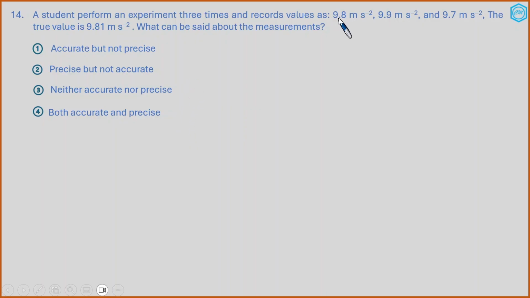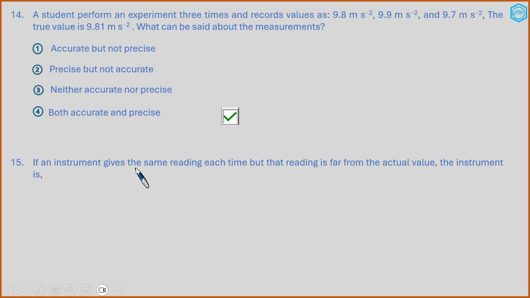Here the measurements are very close to each other, 9.8, 9.9 and 9.7. So we can say that these measurements are precise. Now the true value is given and true value is 9.81 meter per second square. So therefore these values are very close to the true value. So these measurements are accurate also. So the measurements are both accurate and precise.